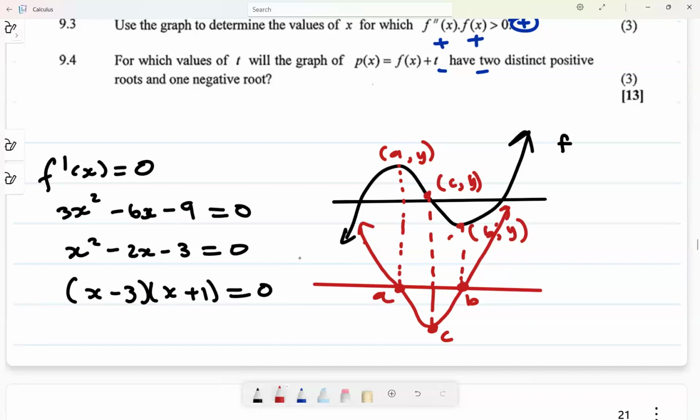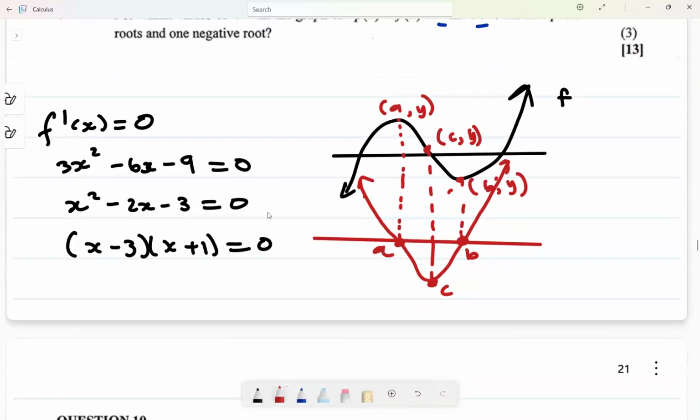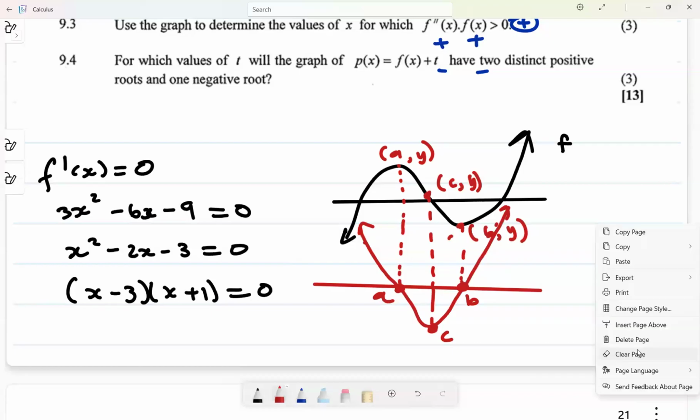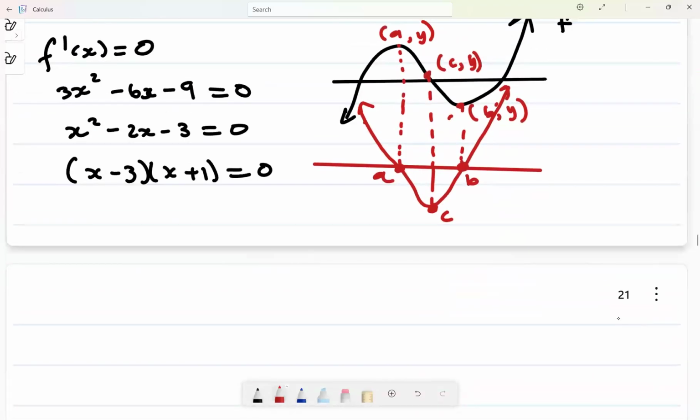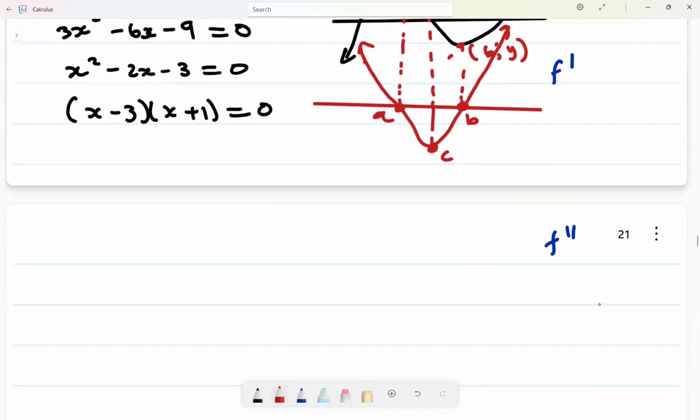Okay? And then the question is, what will happen if I were to derive? Remember, this is F, this is F prime. If I were to get F prime prime, what will happen? When I derive my parabola, the x coordinate of the turning point becomes my x-intercept.